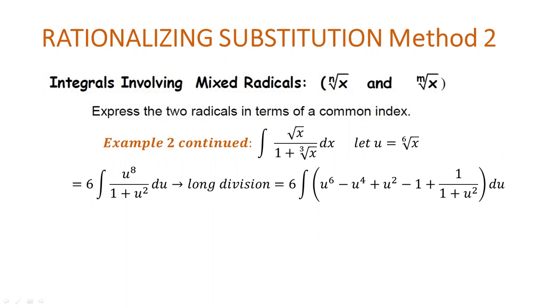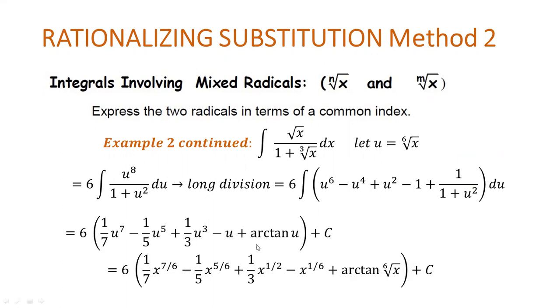Okay? The arc tangent. Or rather the tangent. Okay, stand corrected. That would be the arc tangent of u. So you have to use power rule here, power rule here, power rule, and this is the arc tangent of u plus c. Then just like what we did in the previous example, all the u, which is x raised to 1 over 6, will be changed to that original expression.